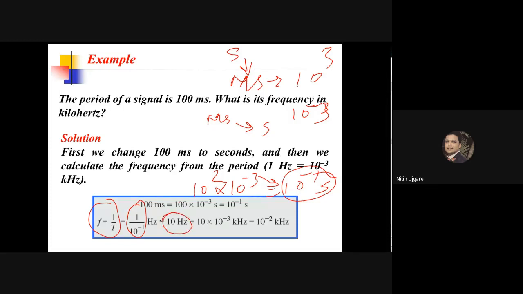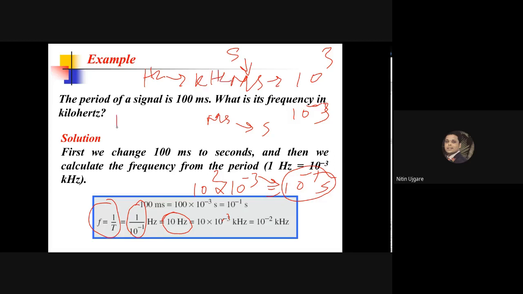Okay. Now when I want to convert this 10 hertz into kilohertz, I simply have to take 10 into 10 to the power minus 3 kilohertz. Why? Because I am converting from hertz to kilohertz.